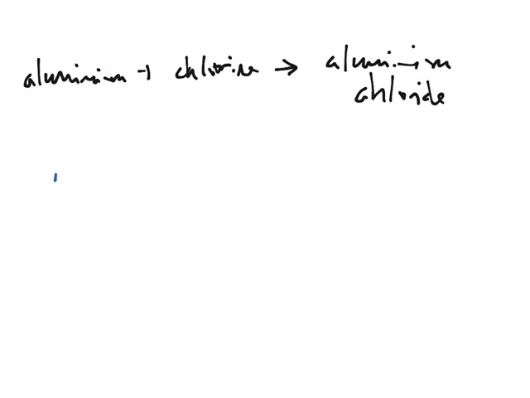Aluminium is Al, goes around on its own. Chlorine, remember, goes around in pairs, Cl2, and aluminium chloride, from the valency table, is AlCl3.